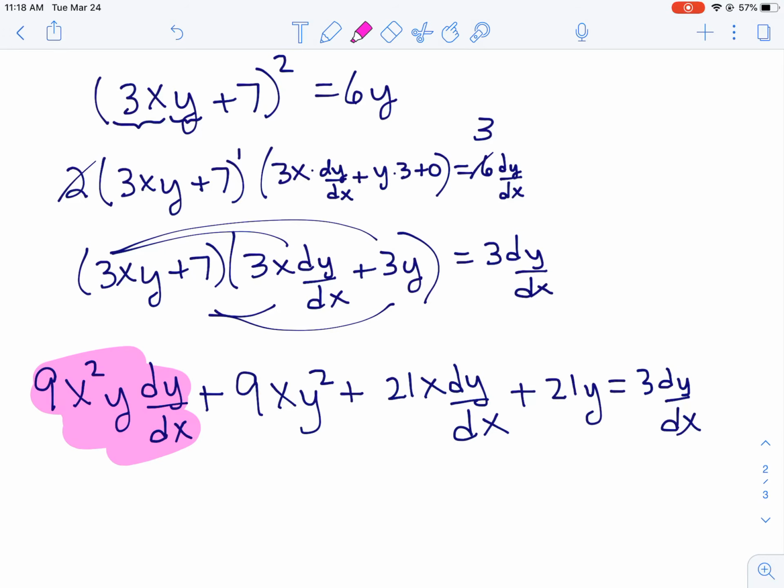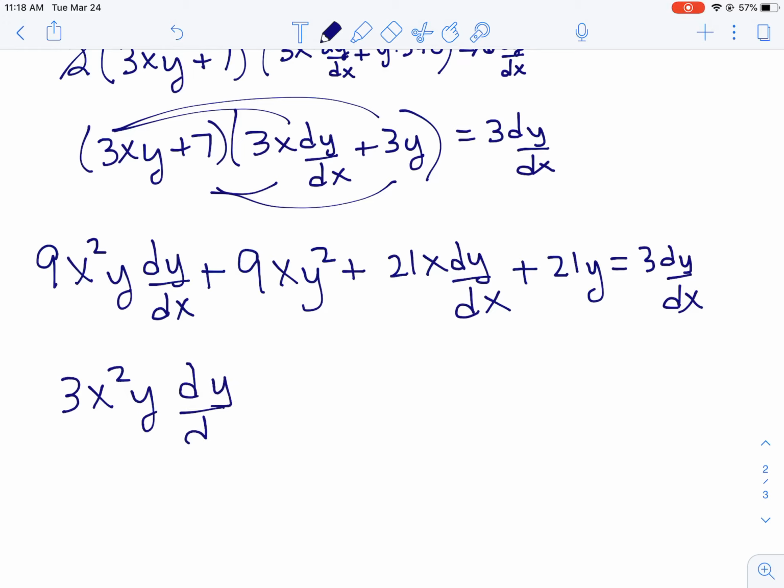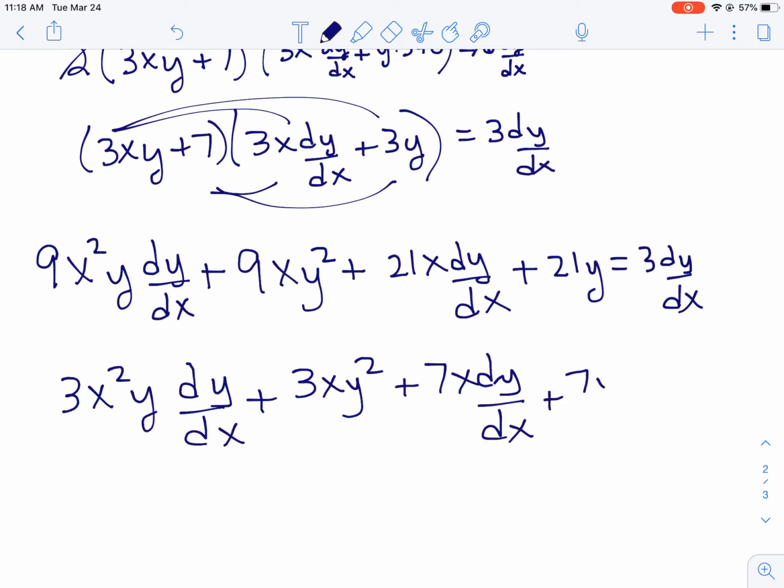Okay, 1, 2, 3. So divide everybody by 3 first. So I get 3x squared y dy dx plus 3xy squared plus 7x dy dx plus 7y equals dy dx.